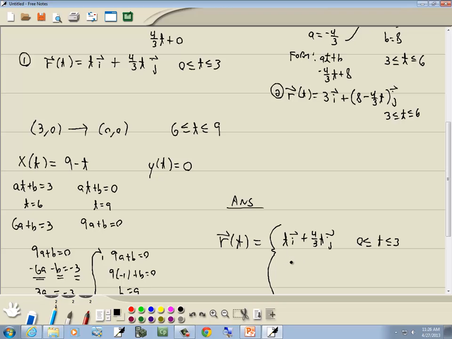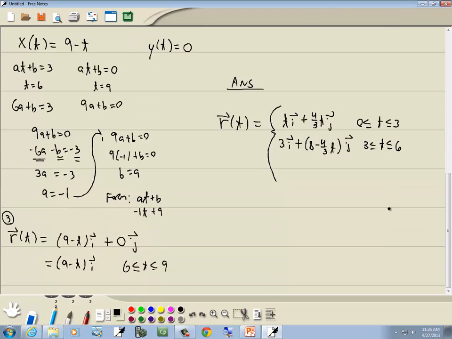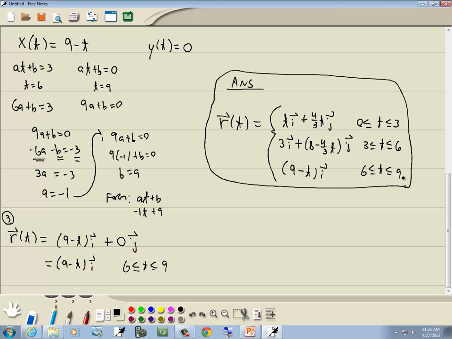Our second piece is 3i plus 8 minus 4/3 t j from 3 to 6. And then our third piece would be 9 minus t i from 6 to 9. And that's our answer.